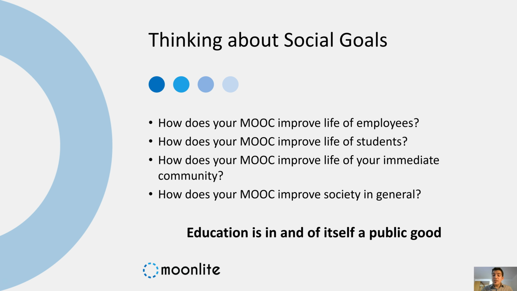Now, for educational applications, this is somewhat easier than in other areas, because education is in and of itself a public good. Therefore, by offering more education, we can effectively say that we are increasing our beneficial social impacts.